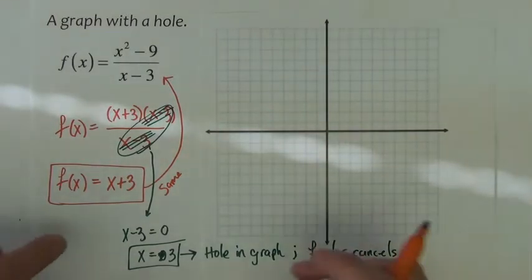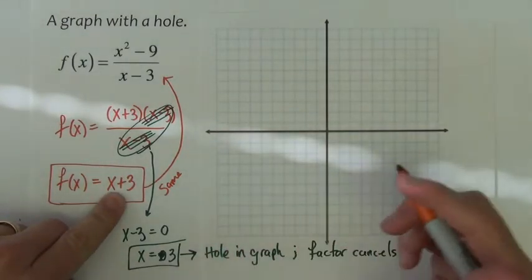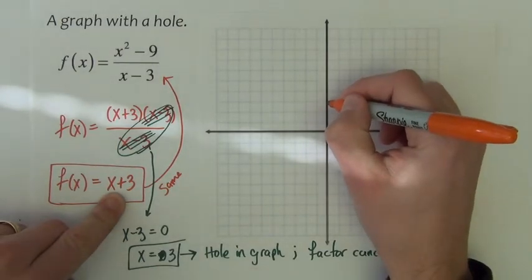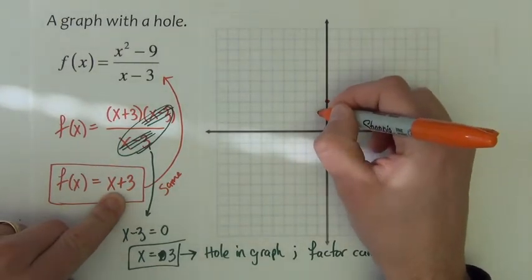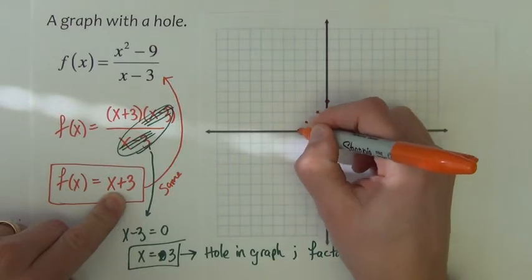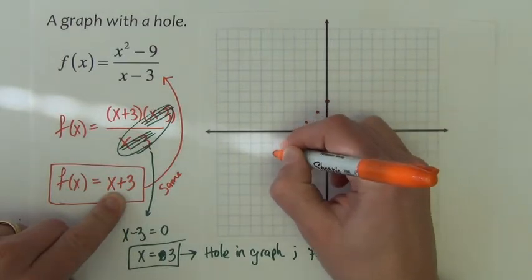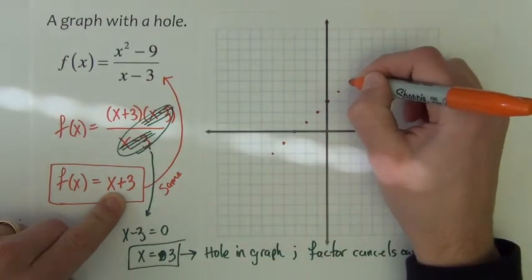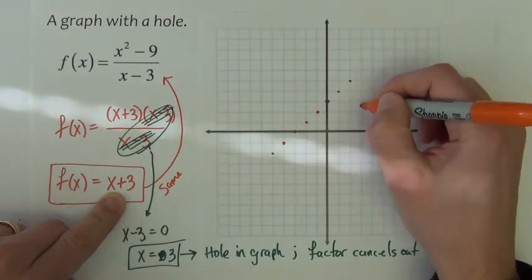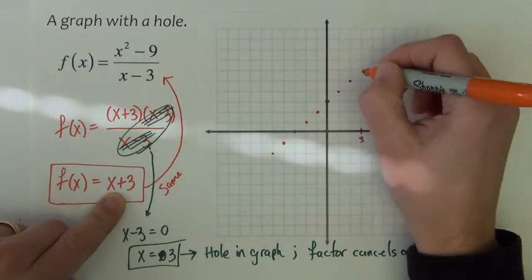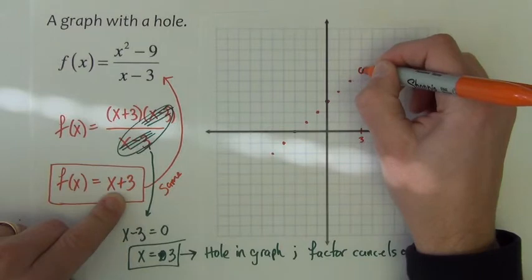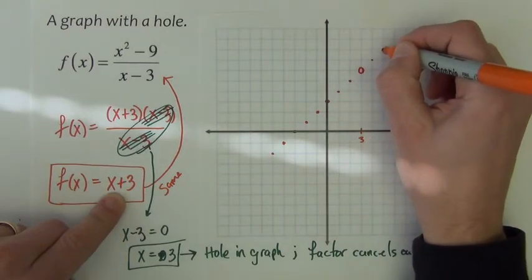So here's what I do. I'm just going to graph x plus 3. It starts at 3 on the y-axis and has a slope of 1. When I get to 3, where the graph would go through 3, I'm just going to put a little hole there.